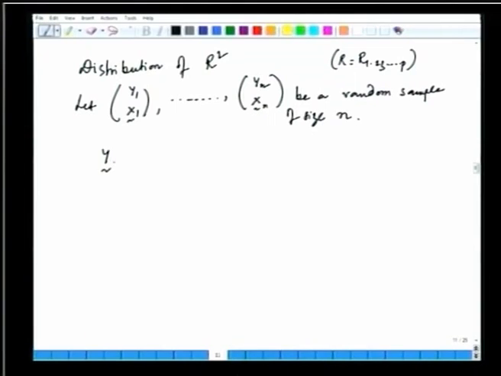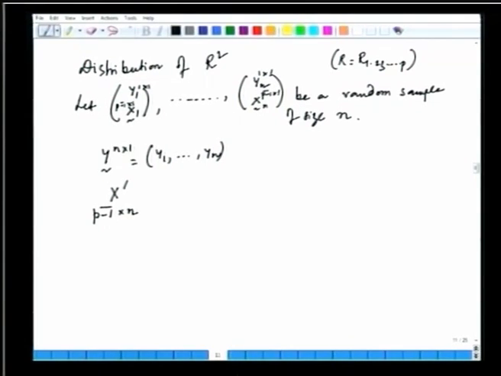So, let us denote the n dimensional vector y as y1, y2 to yn, the n observations of the random variable y, and let the observations on X be arranged in a matrix form. So, let this X transpose be a p minus 1 cross n dimensional matrix, which means basically these are all one dimensional 1 cross 1 and these are all p minus 1 cross 1 dimensional vectors.